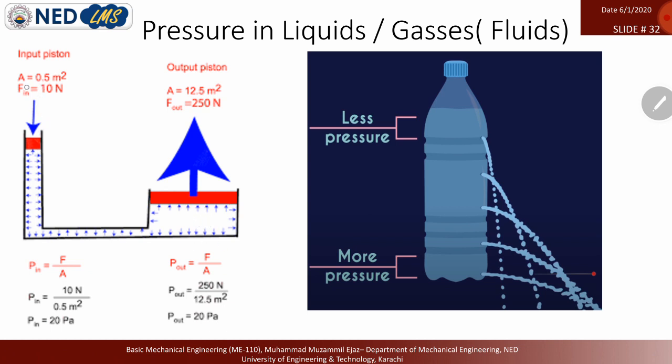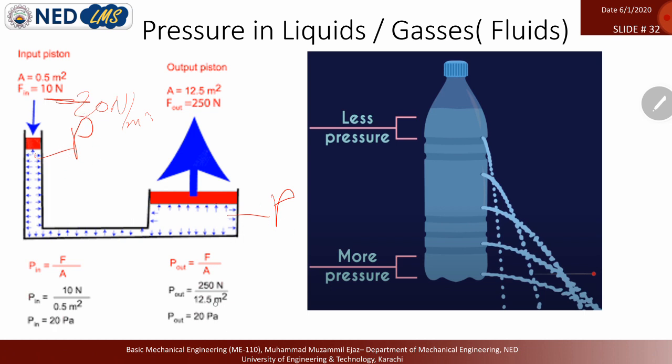If we apply a force like 10 Newton on an area of 0.5 meter square, it produces some pressure, and the liquid or gas inside the cylinder applies pressure in all directions equally. So the same pressure applies over here. What is the pressure? 10 divided by 0.5 is 20 Newton per meter square.